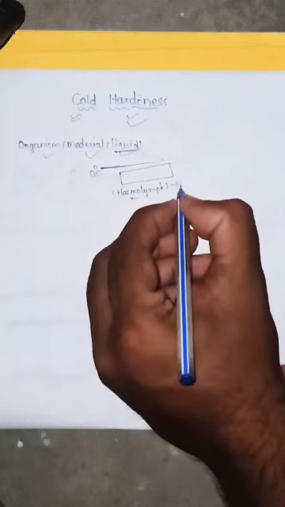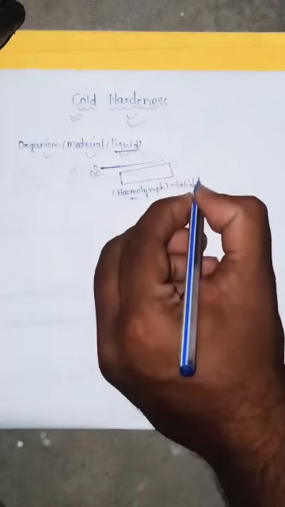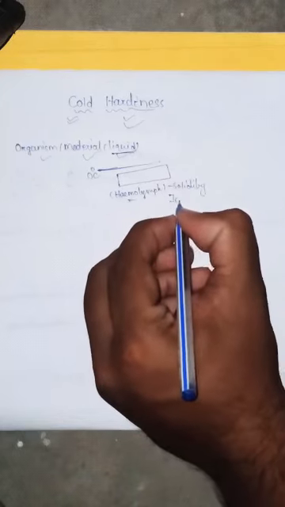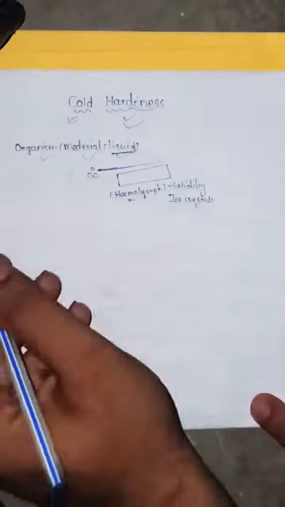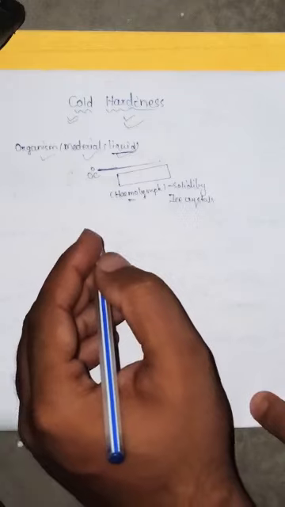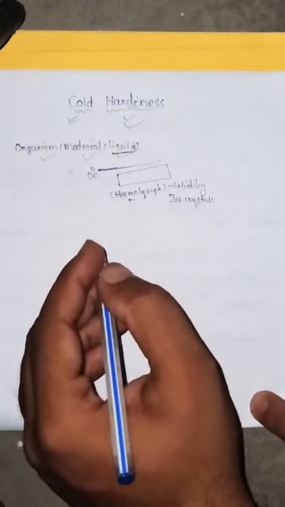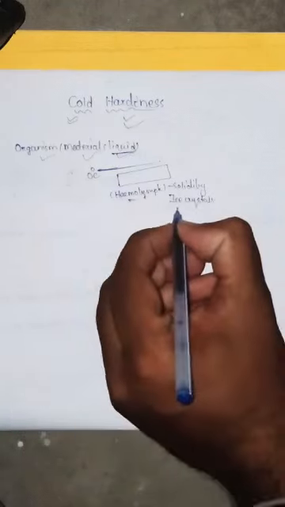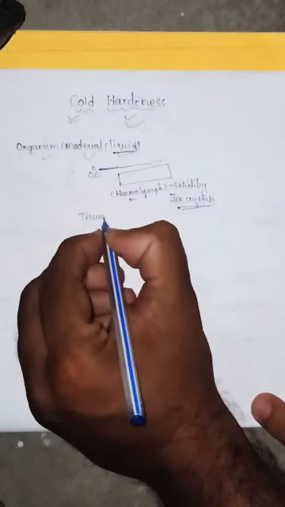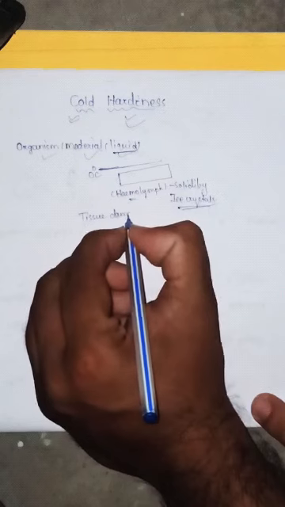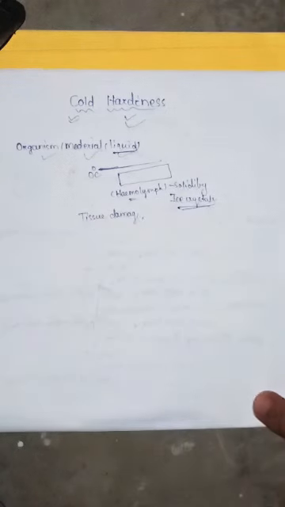This hemolymph will solidify, yes or no? They will become ice crystals. So when they become ice crystals, what will happen? These ice crystals will cause tissue damage to the insect, because the muscles will get damaged.